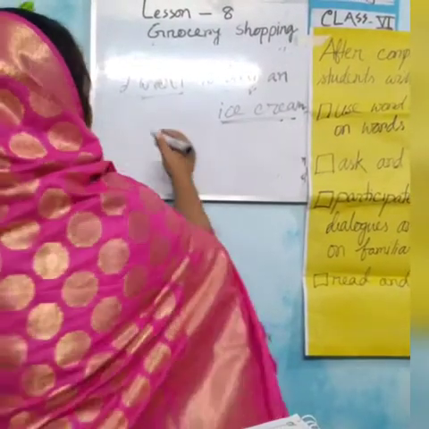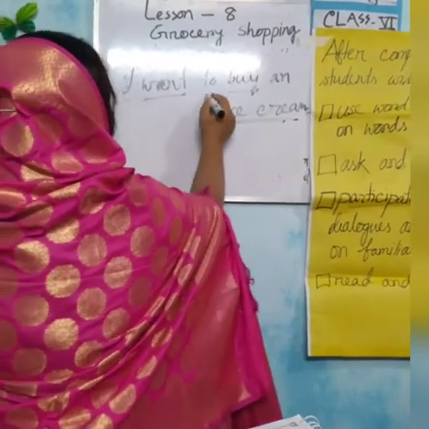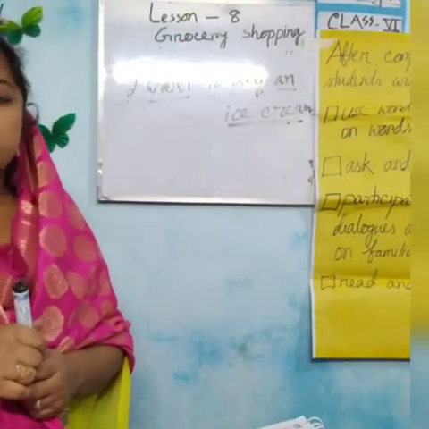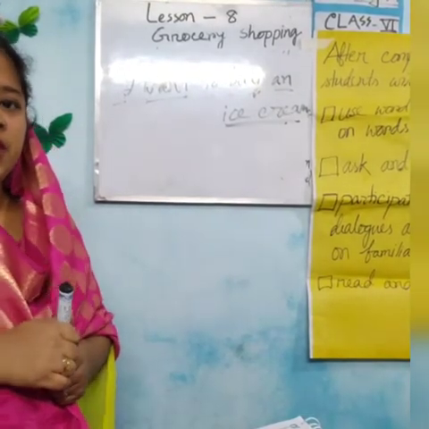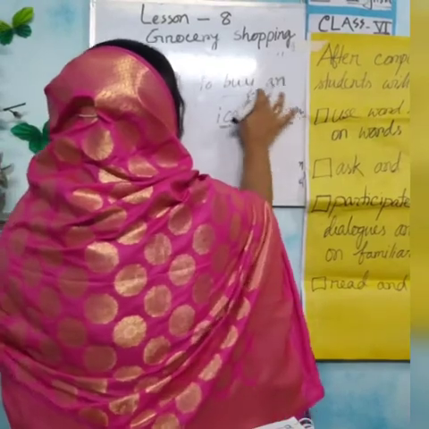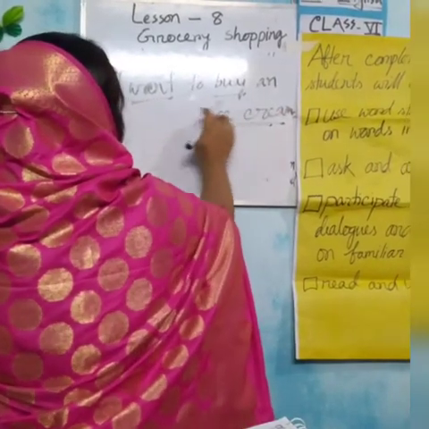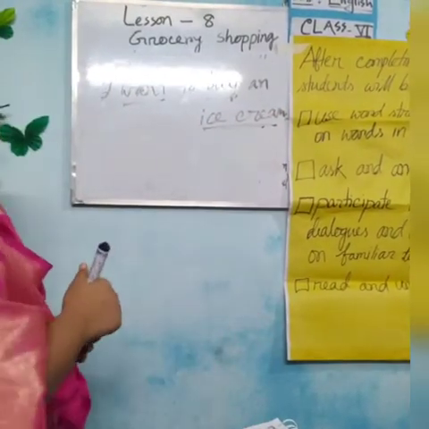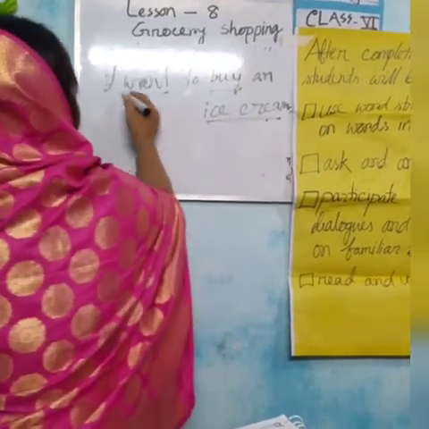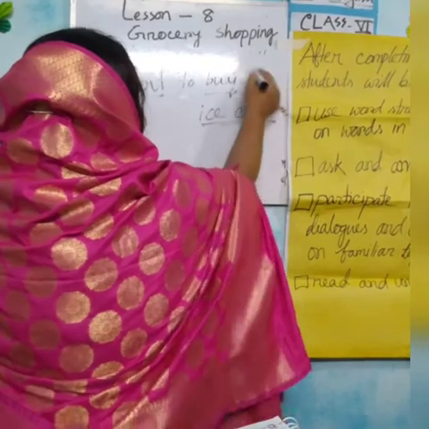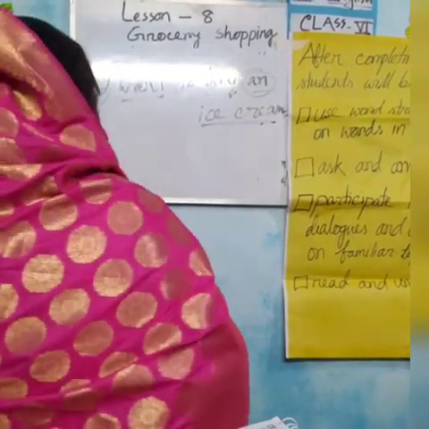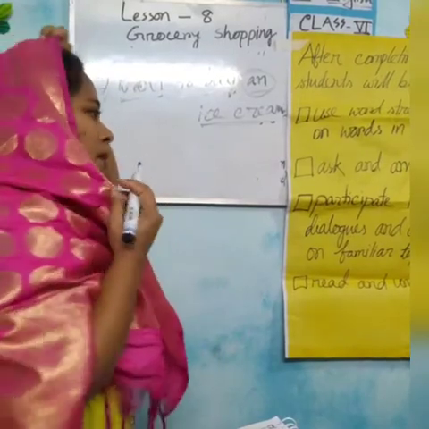But if I say I, to, an, they don't carry meaning. So these words are content words in a sentence, and I, to, an, these words are grammar words.